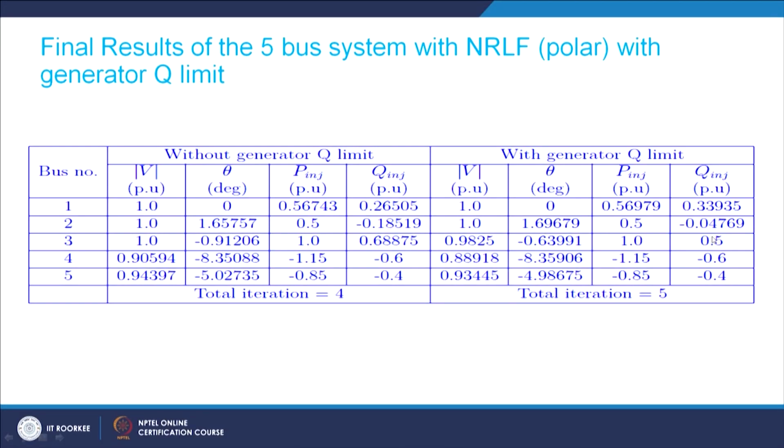And here the bus 3 voltage magnitude is no longer remaining at 1.0 per unit. For bus 3, we have now reduced the maximum reactive power generation limit to 50 MVAr, but as we have seen in the case of GSLF, this generator needs to supply more than 65 MVAr to maintain its voltage at 1.0 per unit.